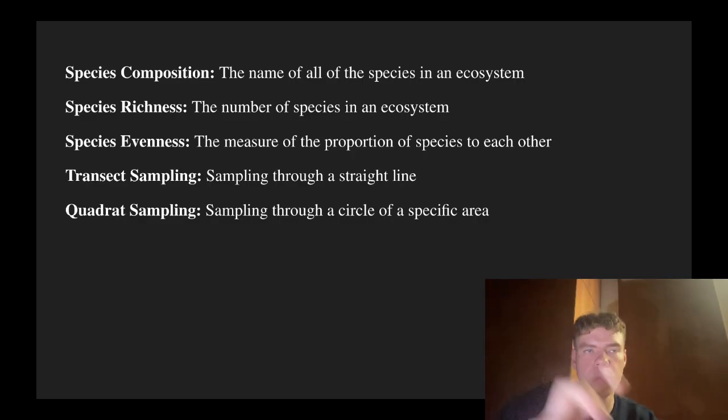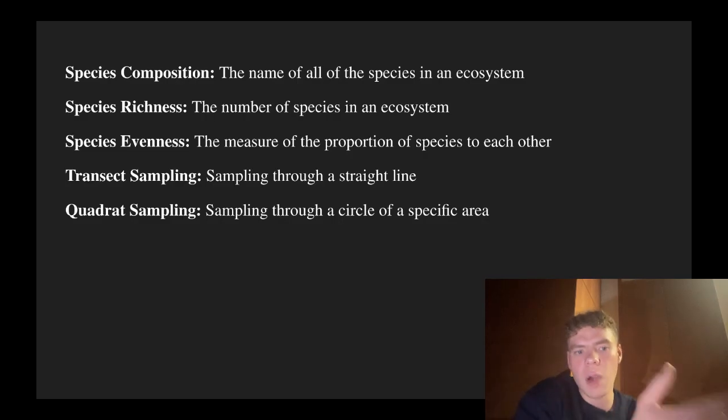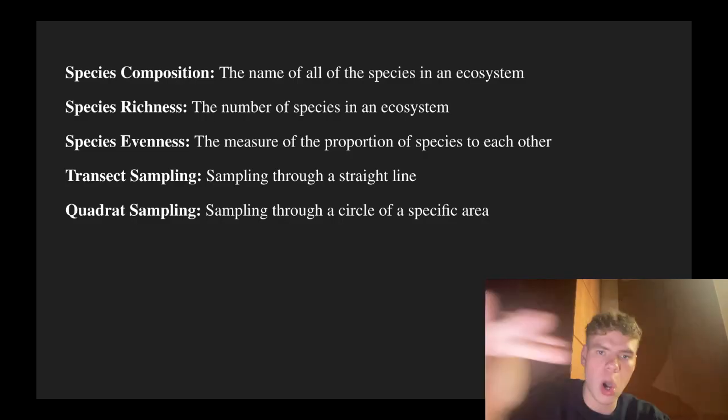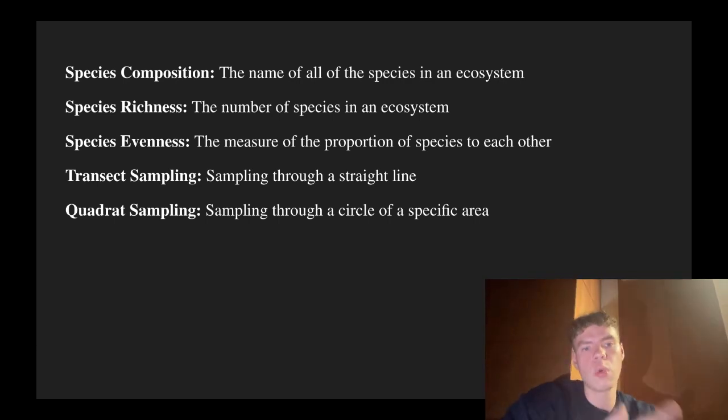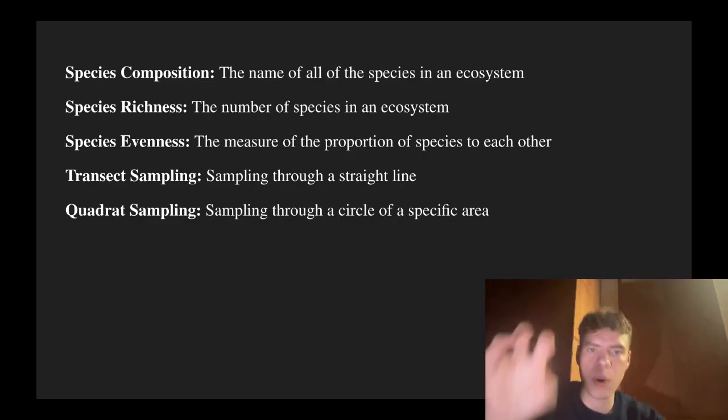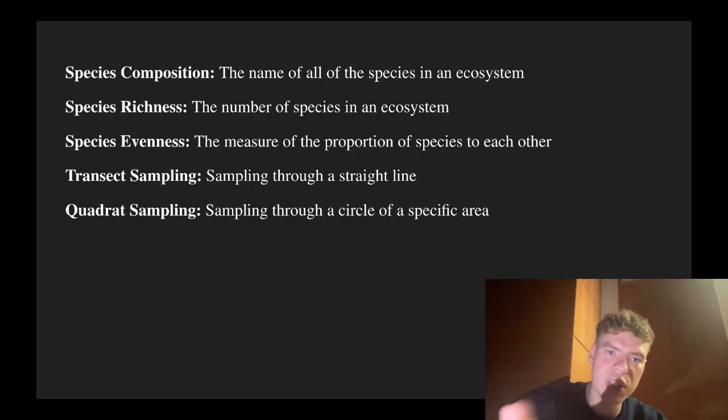And I used that to calculate the species composition of the United States. That would be seen as transect sampling. So just walking in a straight line. And you could have various lines, you could do whatever. Quadrat sampling would be where we took small parts of an environment and we just sampled them.